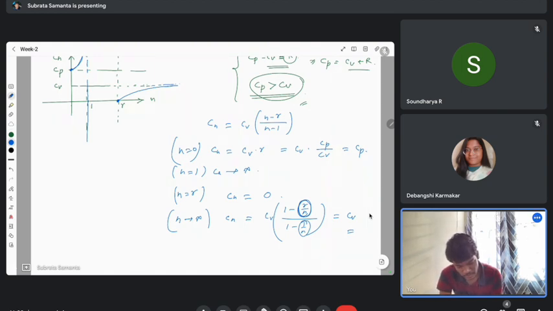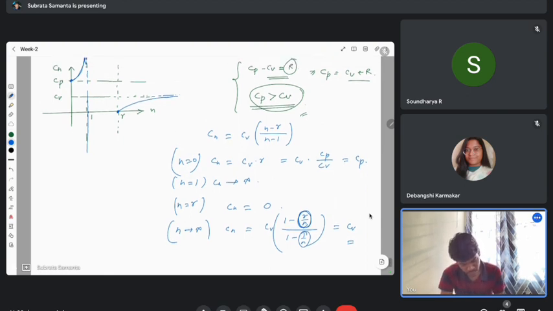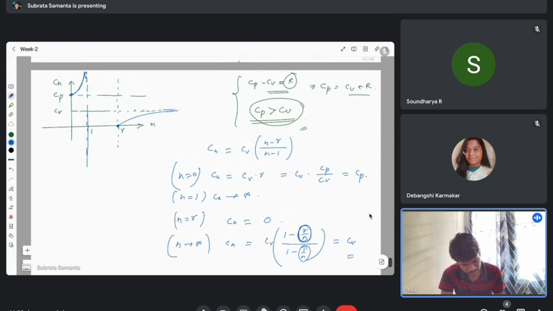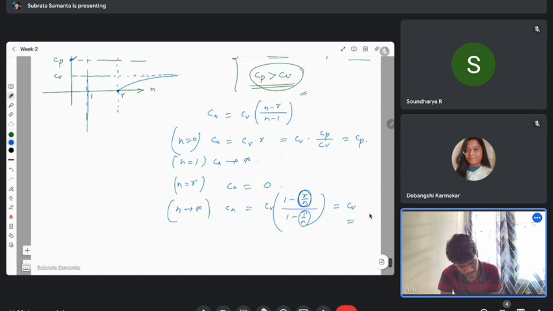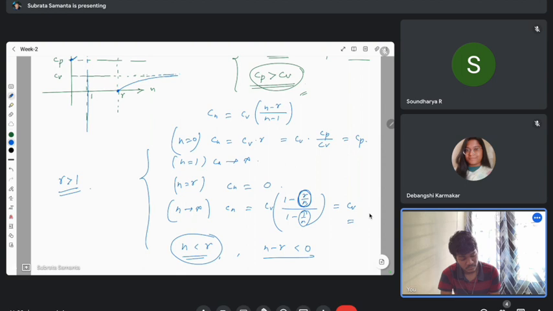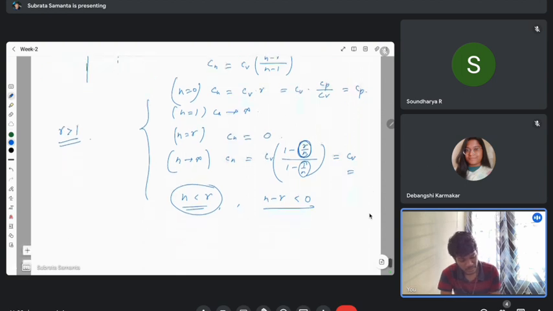But what about in between, n equals 1 and n equals gamma? Suppose n is less than or equal to gamma. Gamma is always greater than or equal to 1, so n minus gamma is less than or equal to 0, and n minus 1 is greater than or equal to 0.